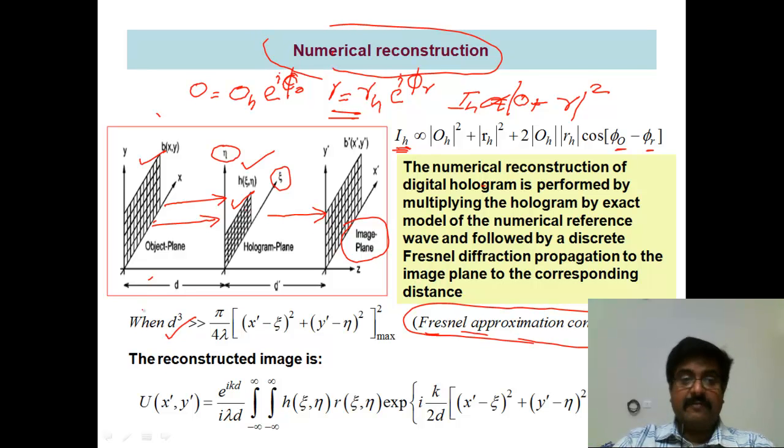If the Fresnel approximation holds good, then the object plane, hologram plane and image plane can be connected by the Fresnel transform, a mathematical transform. This is the continuous representation of the Fresnel transform.